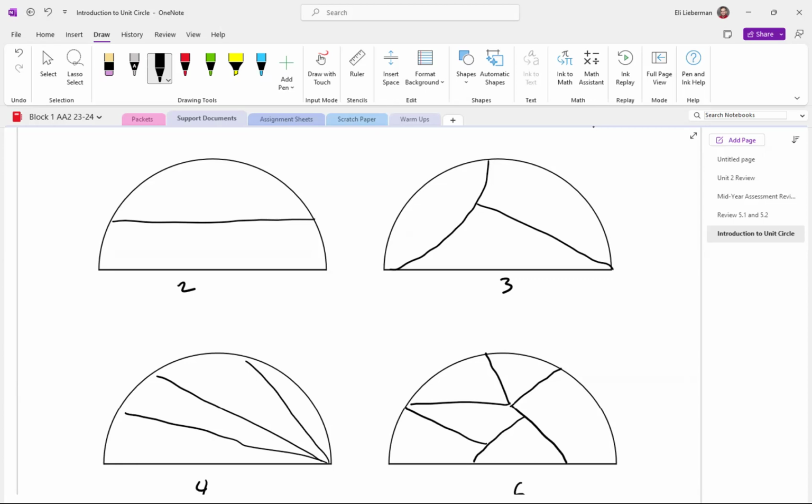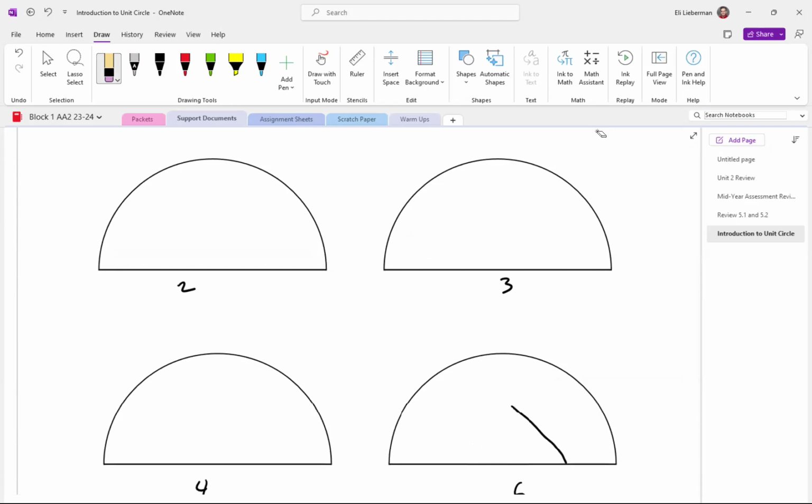Oh, yeah, these are all terrible. These are awful. I feel ashamed of some of your work, this is just shameful. Not good at all.